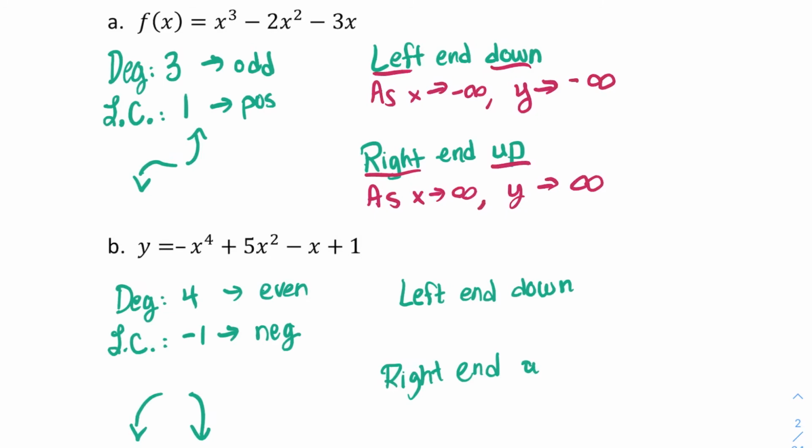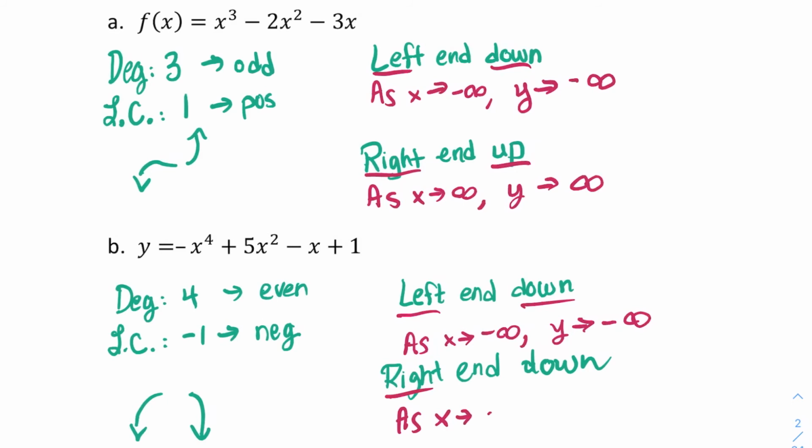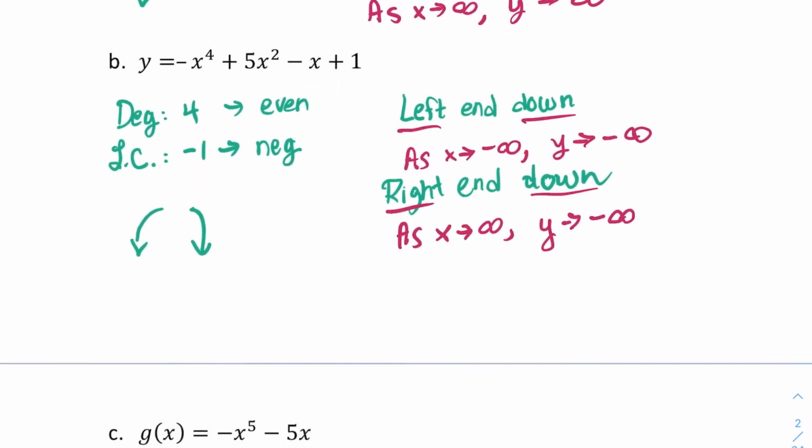Well, anytime I'm talking about the left side of my graph, I want to say as my x values are approaching -infinity, then my y values in this case are going downwards towards -infinity too. And then as my x values approach positive infinity, as I go towards the right, my y values are approaching -infinity as well.